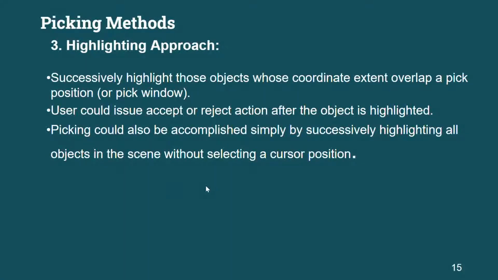So let's say there are a lot of elements on the screen, and he only wants to pick just 8 out of 10 of them. So he can highlight all of those at the same time, and use accept or reject action for the highlighted objects, so that he can pick the objects he wants successively.